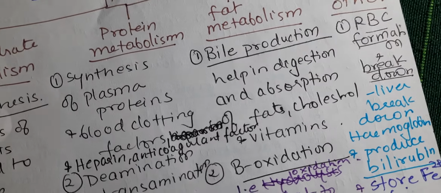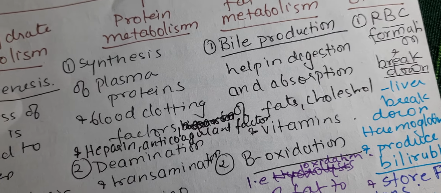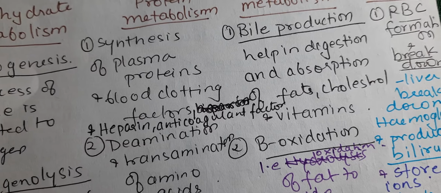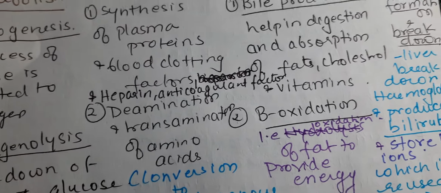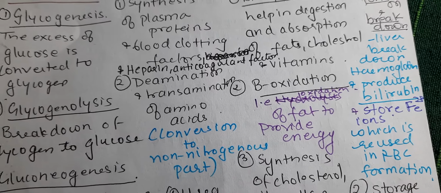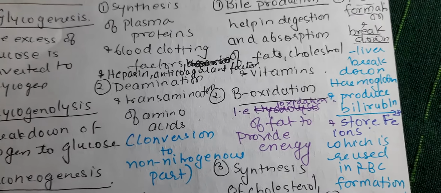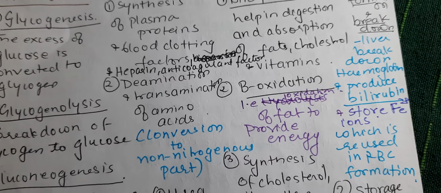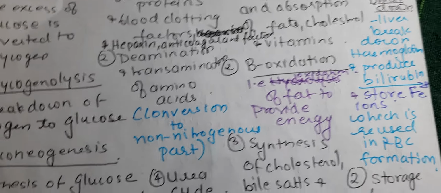As far as protein metabolism is concerned, the synthesis of plasma proteins occurs in the liver. Blood clotting factors are synthesized in the liver. Heparin, which is an anticoagulant factor, is also produced in the liver. Deamination and transamination of amino acids, that is removal of the amino group and transfer of the amino group, are also taking place in the liver.